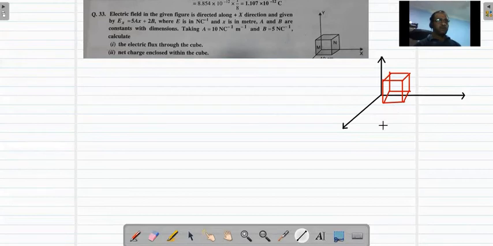Okay. In this figure, it is given for the cube, this side is 10 centimeter. It is written over here. Actually, there is a number written here, 10 centimeter. This is 10 centimeter.